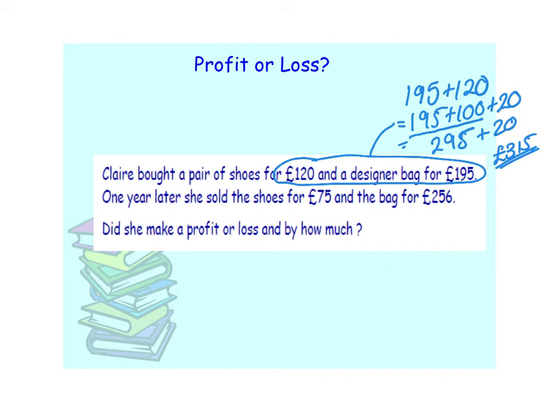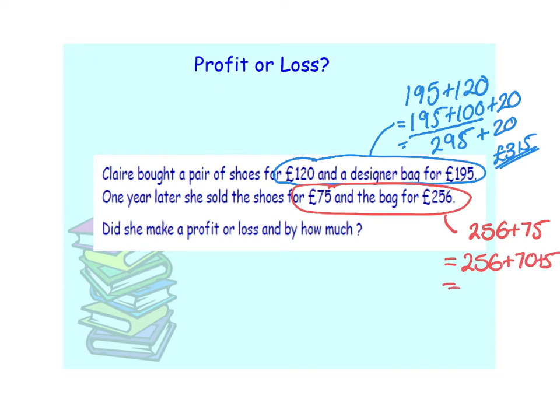One year later, she sold the shoes for 75 and the bag for 256. So how much has she sold the items for? I'm going to do 256, add the 70 and then add the 5. Remember, there are different ways to add.